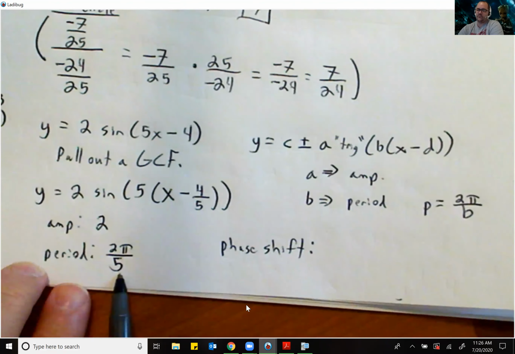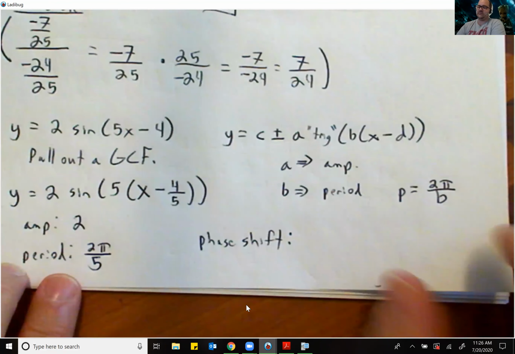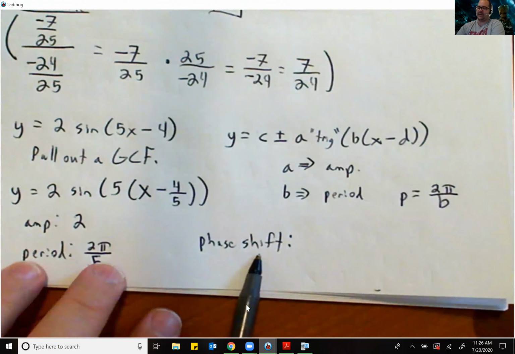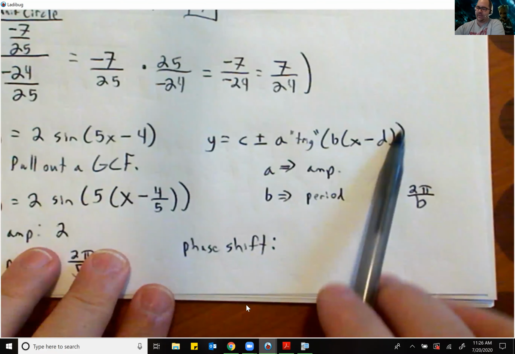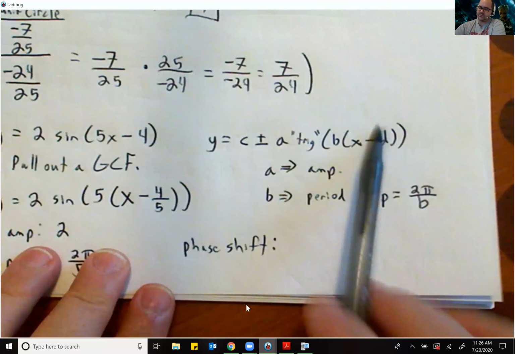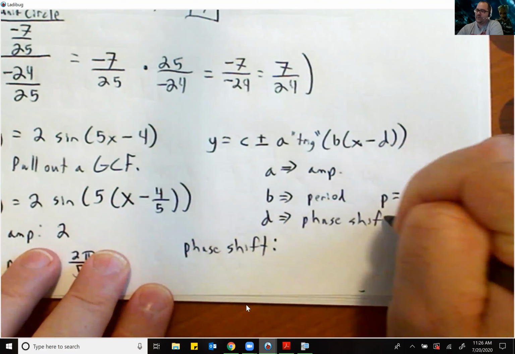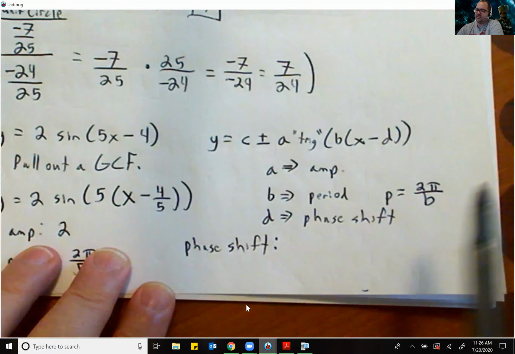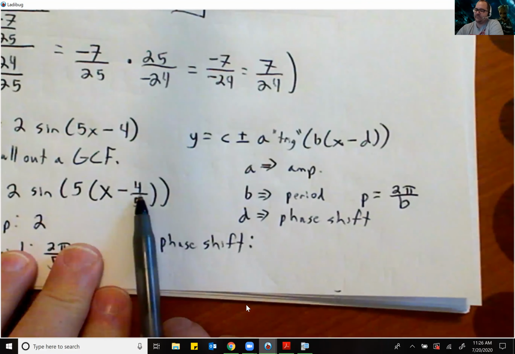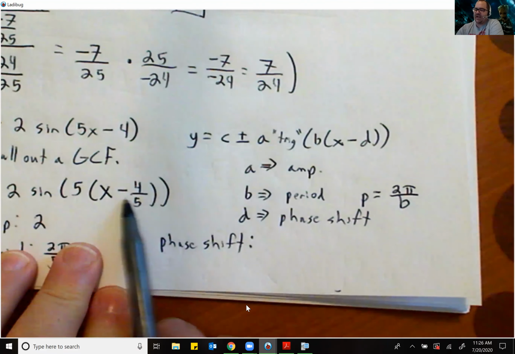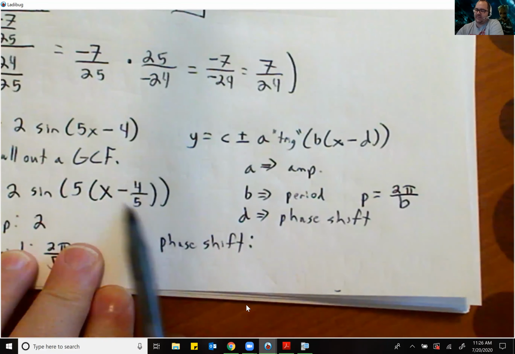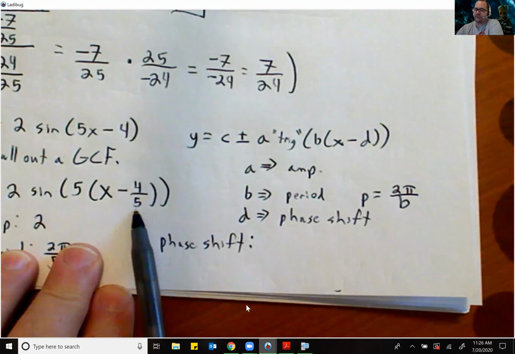Okay. Our phase shift is whatever is happening with D. Okay. D controls the phase shift. So when we look at this, our phase shift, you're going to think the opposite of what you see. So this says a -4/5.